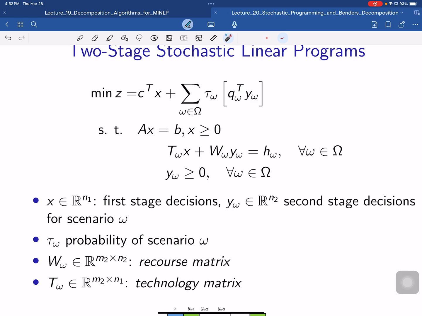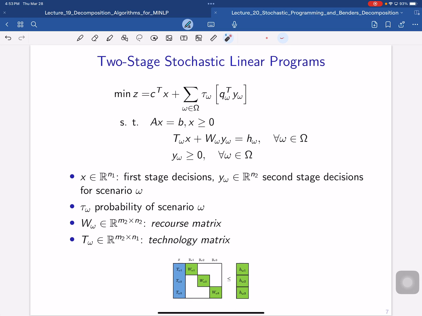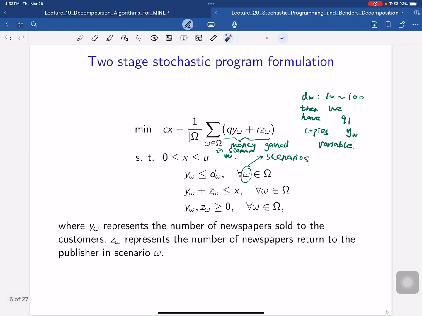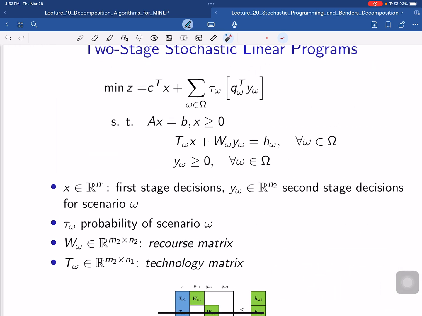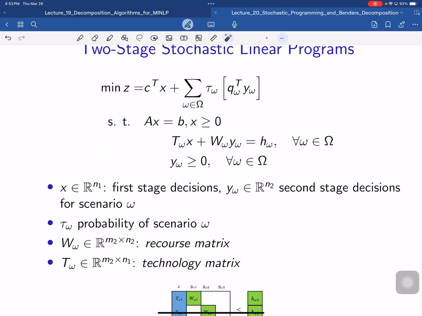Then once you decide X, in the second stage those omega variables also have constraints, let's assume all linear for now. Recall that in the newsvendor problem, those constraints are just the constraints here for the second stage. Now we represent them generically using the matrices T, W, and this vector h.